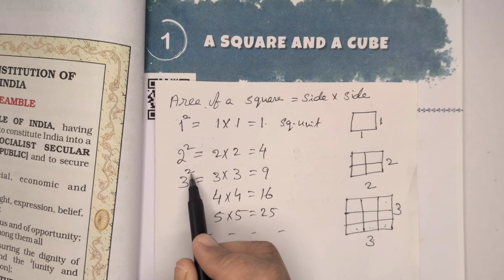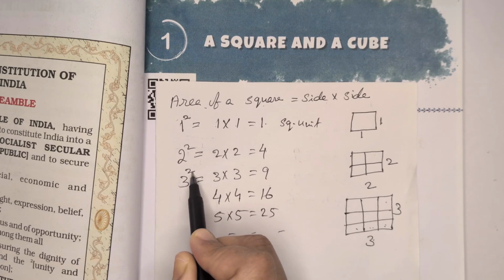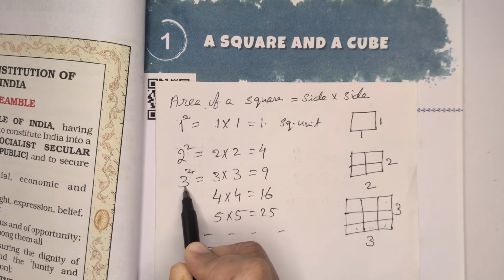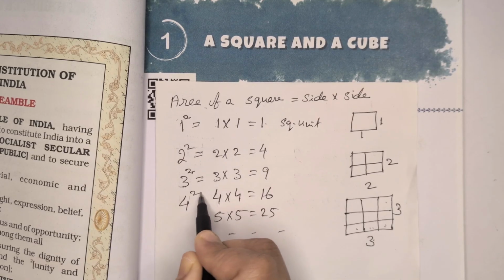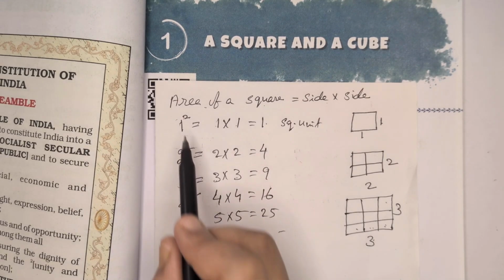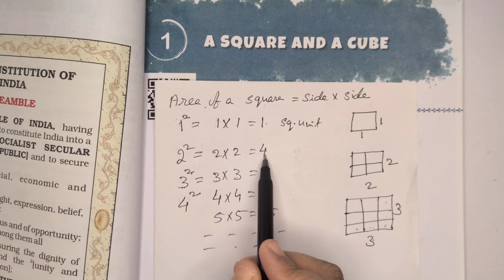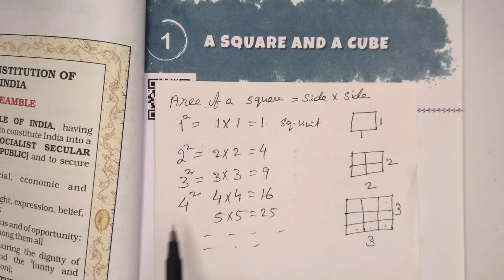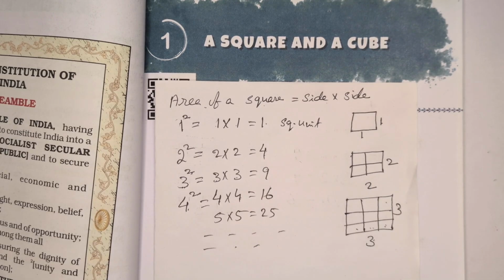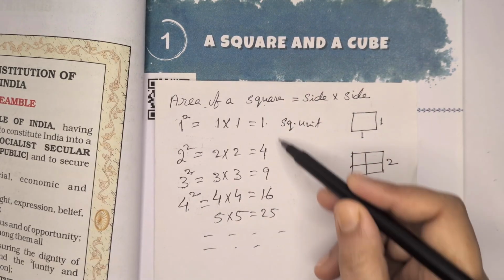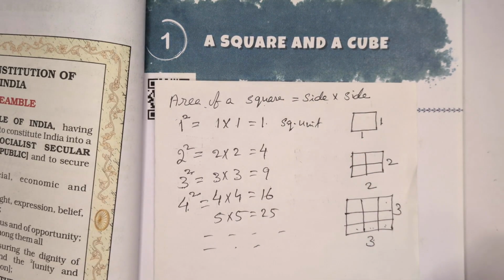In exponents we know that this is the power or exponent, and this is the base. So we can write 2 square is equal to 4, 3 square is equal to 9, 4 square, which means 4 into 4 is equal to 16. These numbers are called square numbers or perfect squares.